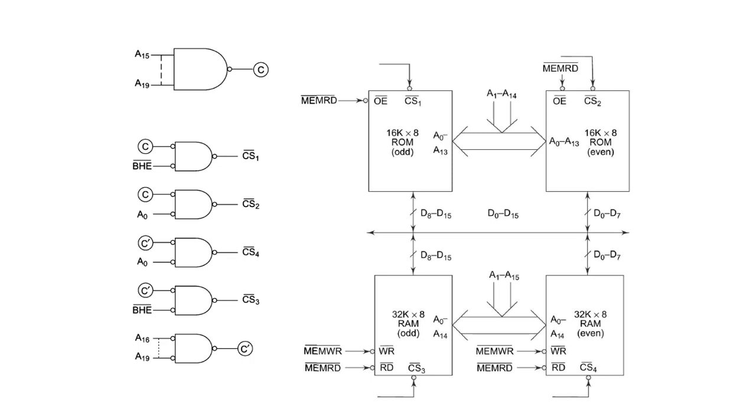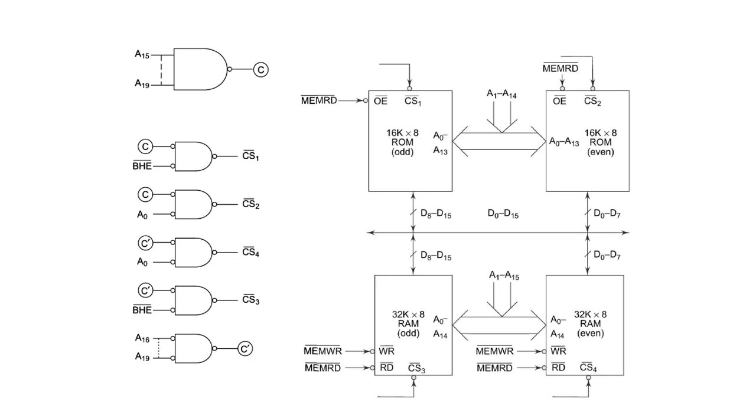It is clear from the memory map that A15 to A19 lines of the address will have a value of 1 if it is the ROM, and A16 to A19 will have a value of 0 if it is the RAM. So based on that, we have designed the decoding logic.